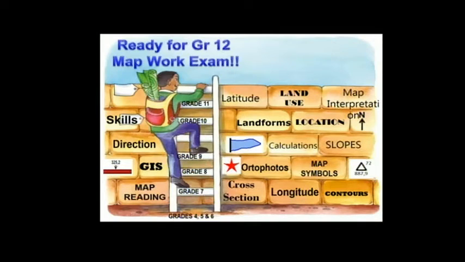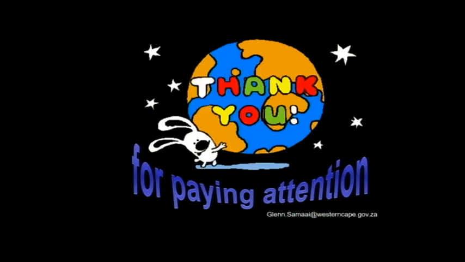Because all these things you've learned over these years: land use, location, slopes, maps, longitude, skills, direction. All these things you have learned since you were in primary school. And expect a question on any one of these building blocks in your grade 12 examination, at the end of the year, or in the next few months.